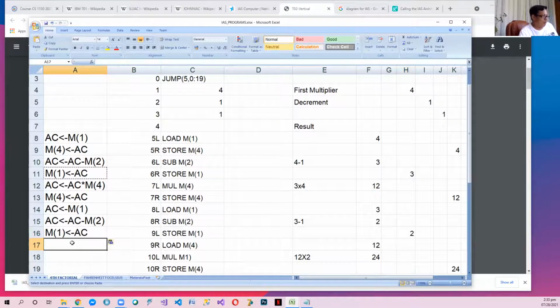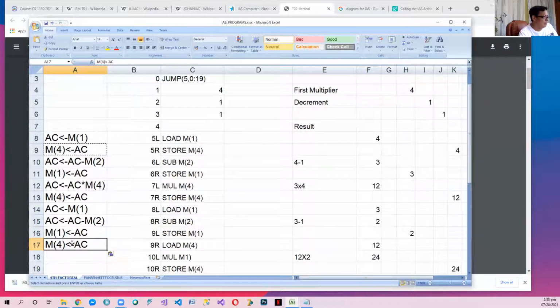So now we have load M4. M4 receives AC. It's okay. What's the value of AC? AC is currently 12. No, load M4, I'm wrong. AC receives M4, right?